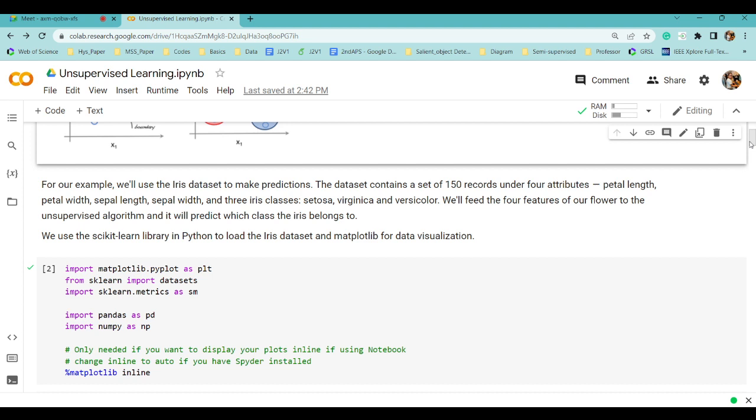The data set I've considered is the iris data set, where we have to make predictions. In this we have four attributes: petal length, petal width, sepal length, and sepal width. We need to classify three classes, which are scientific names: setosa, virginica, and versicolor.